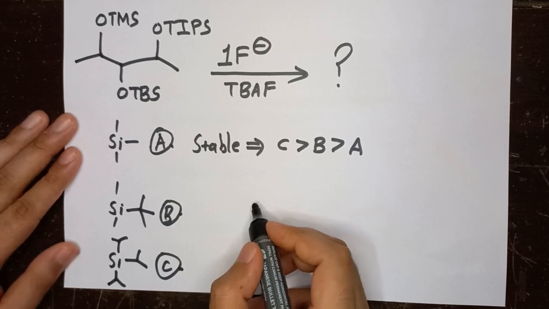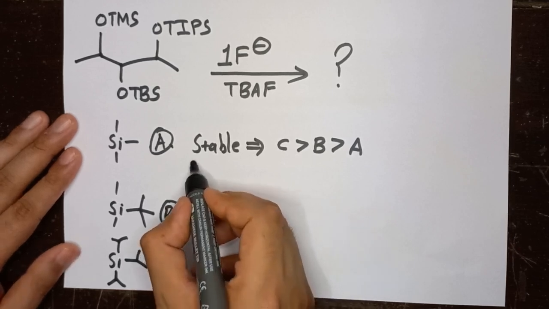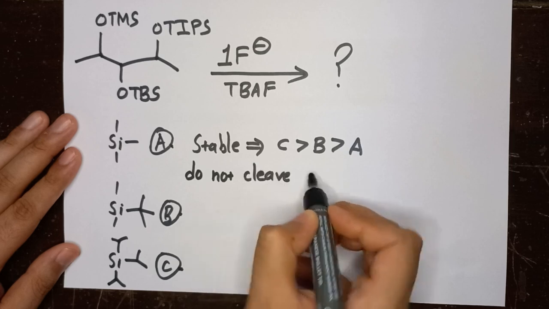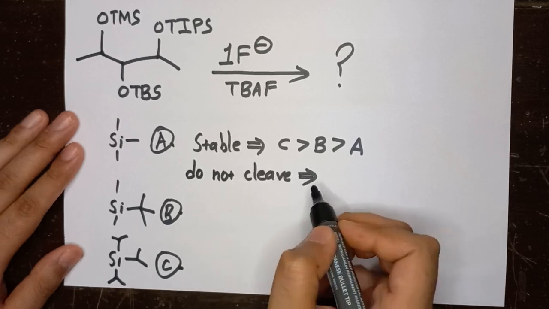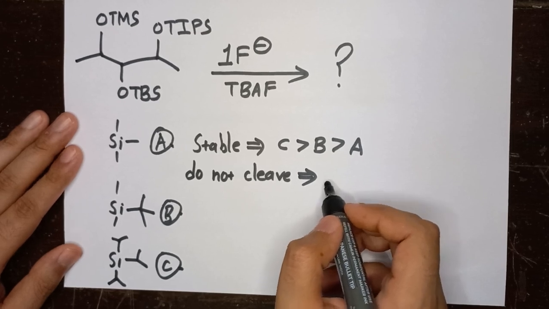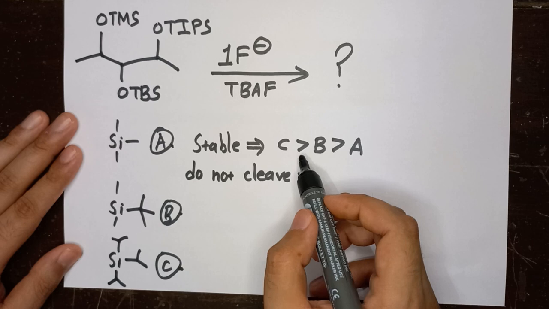Okay, so which will not cleave first? The order is going to be the same, because more stable will not cleave first. And which one is more stable? More bulky.